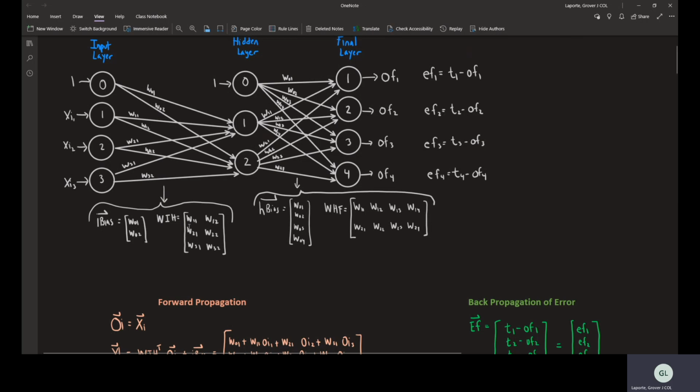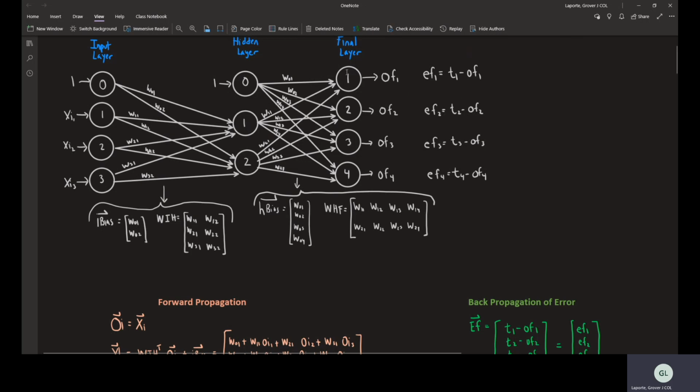So that's where these things come from, and you can see them up here and where they're going into. And then our WHF: the number of nodes in your hidden layer is the number of rows in your WHF matrix, and the number of final layer nodes is the number of columns. And the H bias is the vector that has the number of rows equal to the number of nodes in your final layer. And you can see how these things line up.